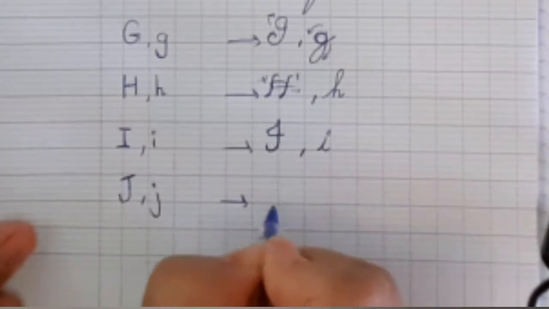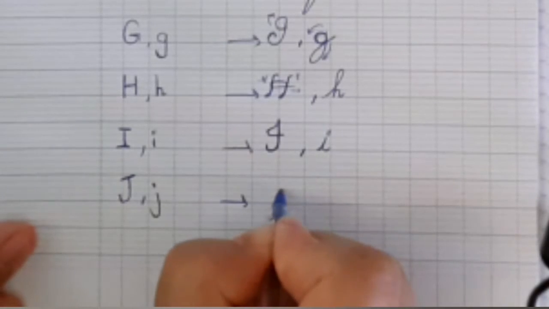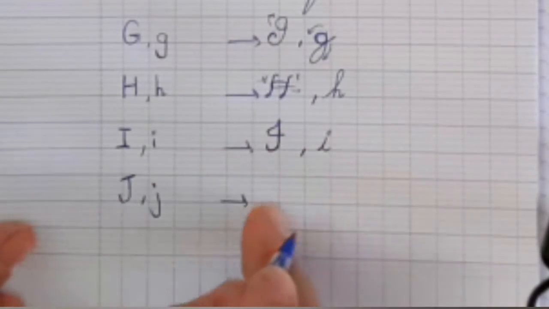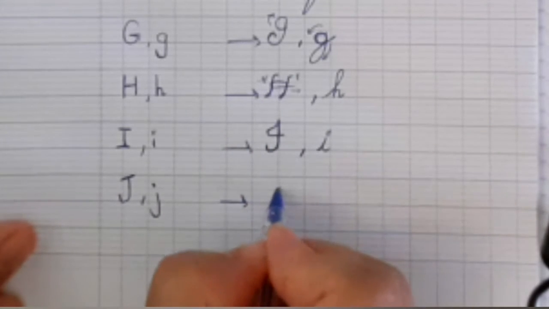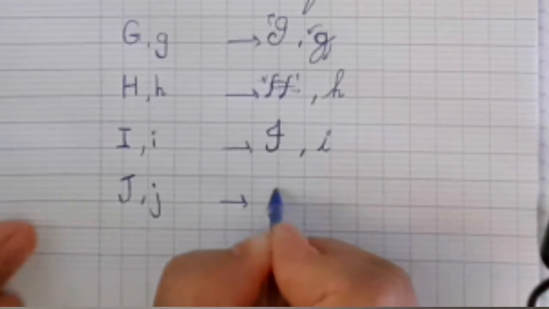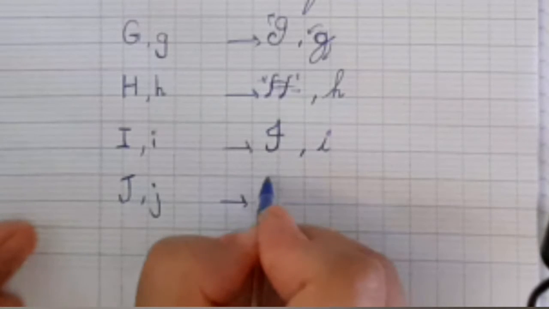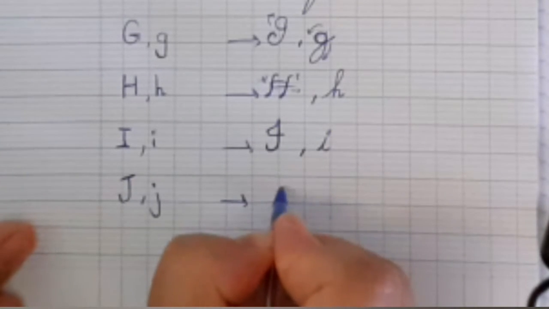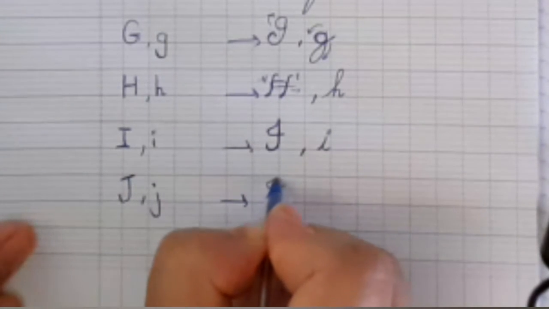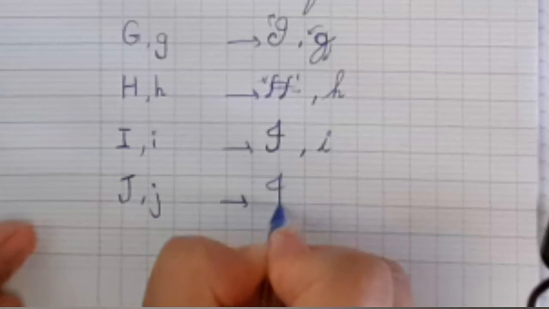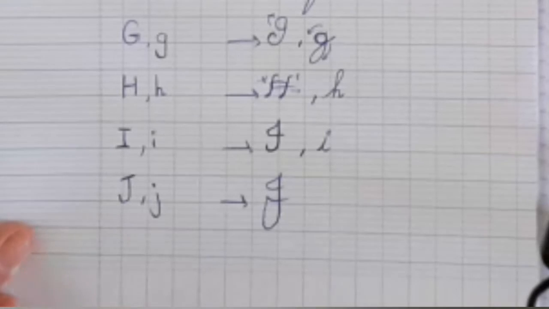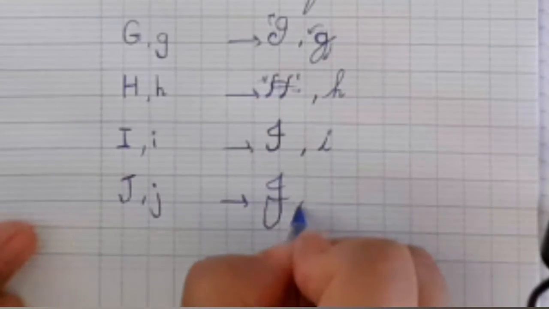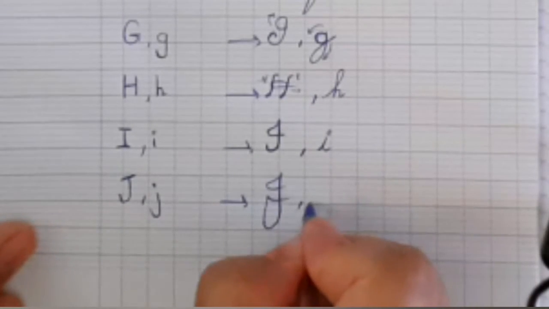It looks like the I at the beginning, but somehow it goes lower under the line. It goes under the line. So see, first step is like that, then we move like that, then like that. Okay, then we have this.